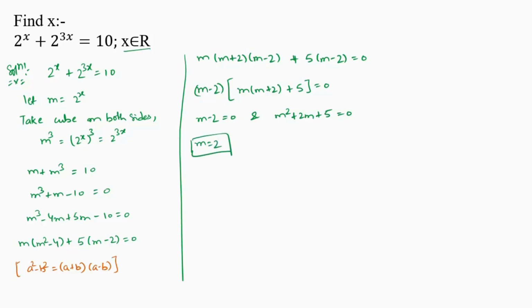and solving the other using the quadratic formula, which says x equals minus b plus minus under root b square minus 4ac divided by 2a, for an equation in the form of ax squared plus bx plus c equals 0.